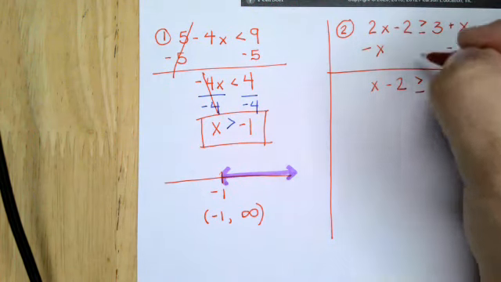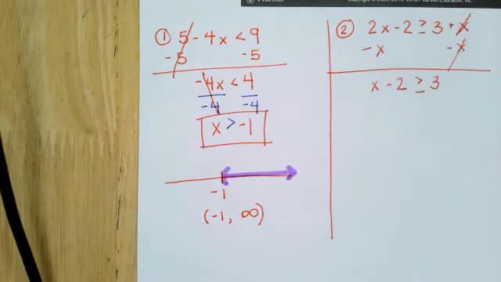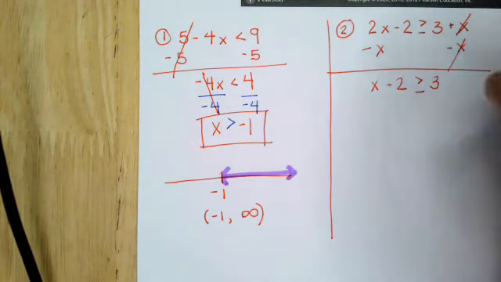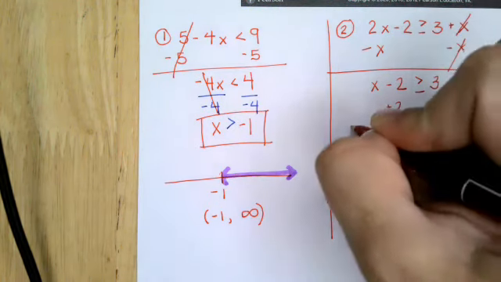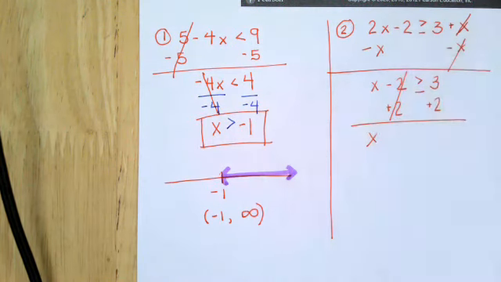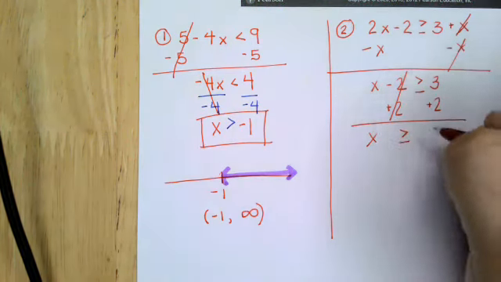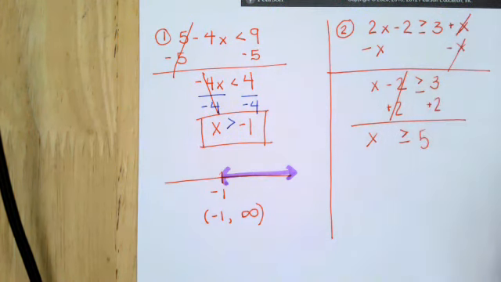The -2 and the 3 stay the same. X minus x is canceled out. Now I'm going to move the 2 over by adding 2. Those cancel out. x is greater than or equal to 3 plus 2, which is 5.